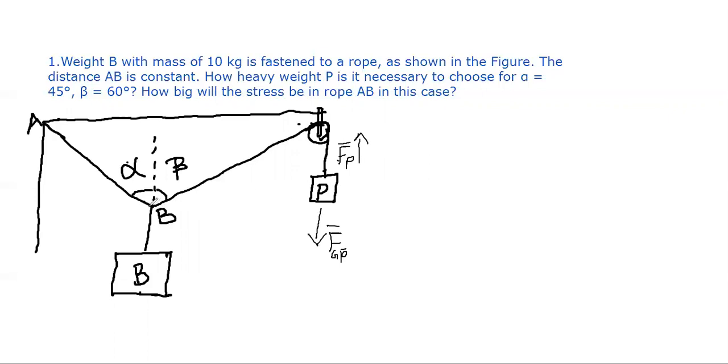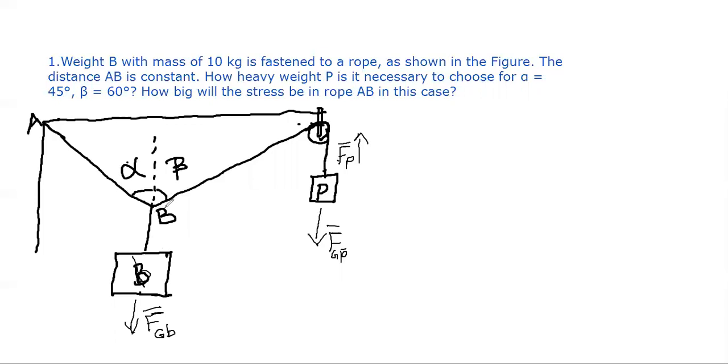Now let us look into the point B. So we have a weight, let's call it small b, acting downwards. So what are the forces here? Of course, we have the weight of this B. Let us call it FGB. It's the weight downwards.